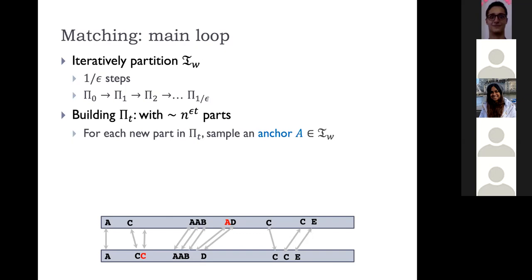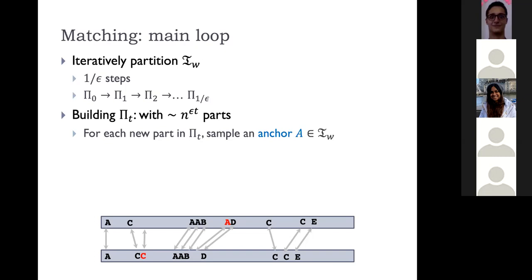Okay, so we'll be building a partition pi t, and it will have something like n to epsilon parts. So we refine partitions. We don't really do refinement, but you can think about building partitions which are finer and finer. To build a new part in our current partition pi t, we sample a bunch of anchors.